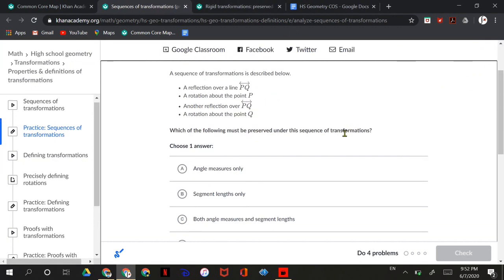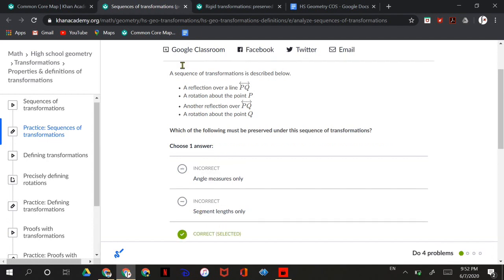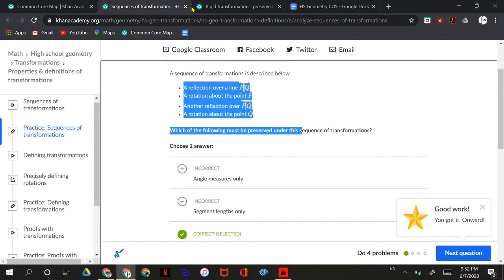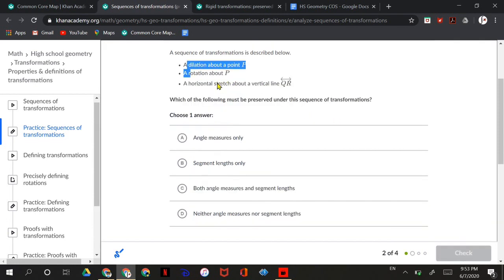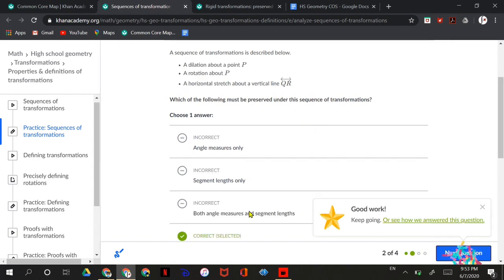Which of the following must be preserved under the sequences of transformations? That would be both, because they are all rigid. A dilation, a rotation, horizontal stretch. Which of these are preserved under the sequence of transformations? Neither, because if you can map a shape onto another shape using a horizontal stretch, they are neither congruent nor similar.